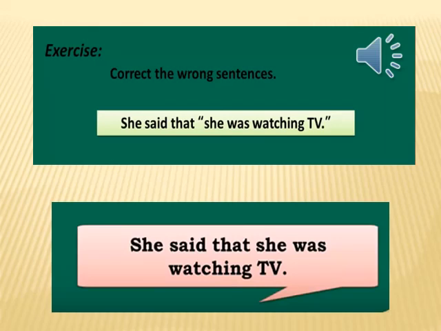Because it says, she said that. So what do we have to do to correct it? We need to remove the inverted commas. Exactly. So this sentence is indirect. And the correct answer is, she said that she was watching TV. Full stop. There are going to be no inverted commas.